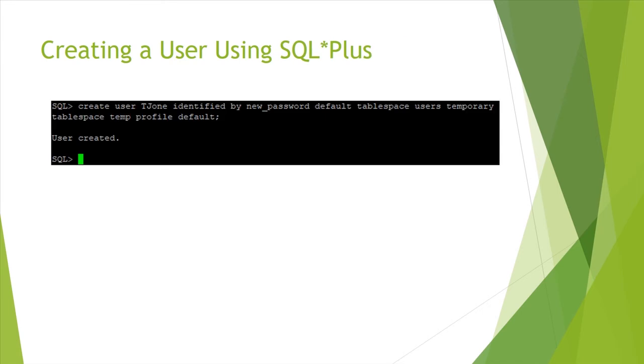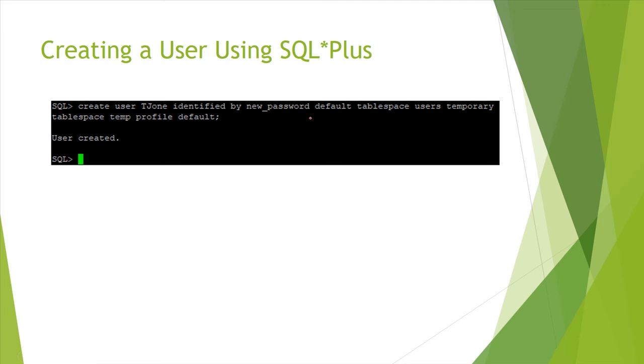If you want to create a user using SQL Plus, we can use the CREATE USER command. Create user, specify the username, identified by, specify the password. We can also specify a default tablespace for the user, for example, default tablespace users, and a temporary tablespace temp, and profile, for example, default.